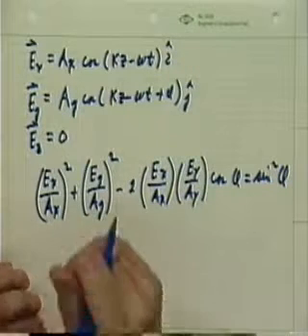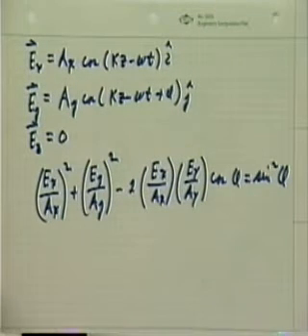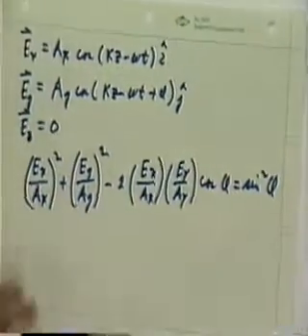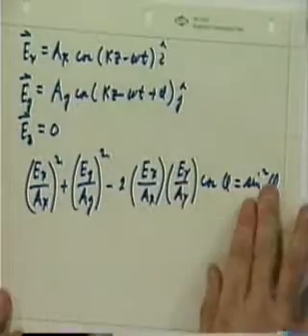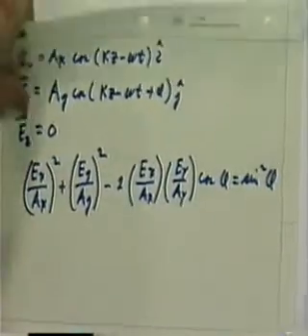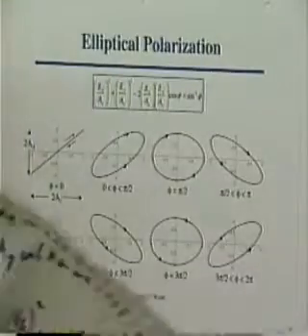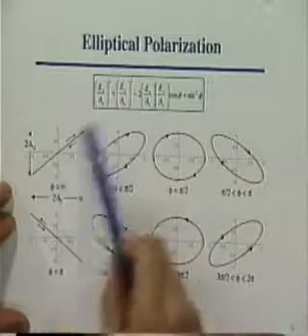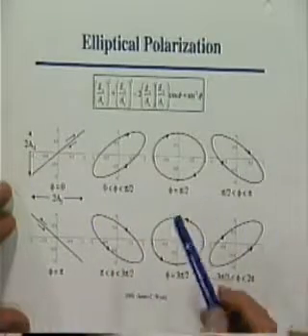Okay. And I gave you a drawing. We haven't looked at it yet, but let's take out this drawing that I gave you a class or two ago, where we have plotted this for different values of phi. When phi was equal to 0, we have linear polarization going along like so.